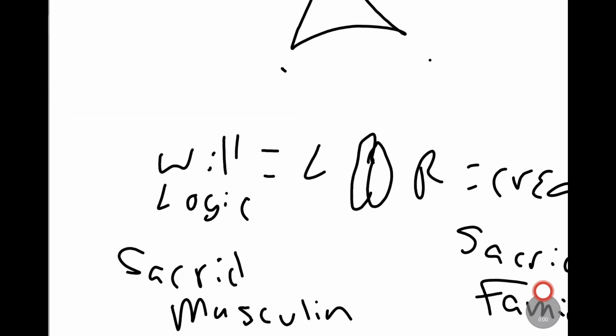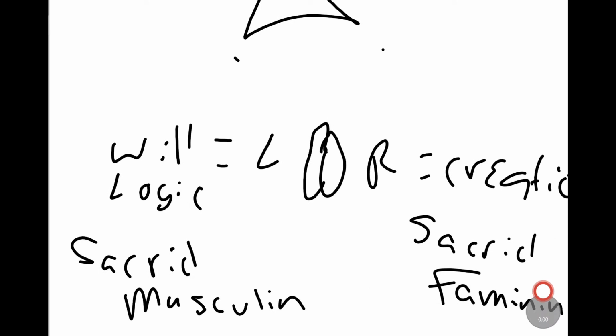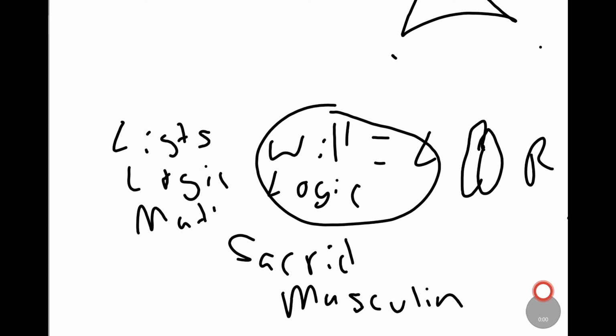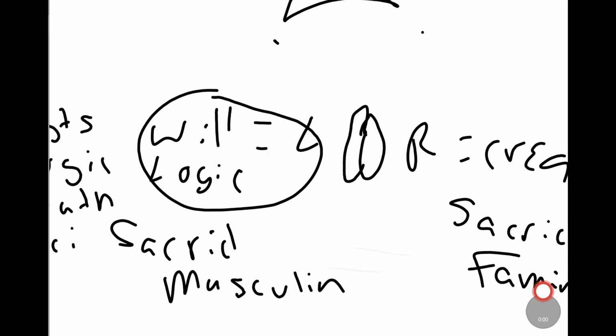Now, this is what's important to keep in mind. The left brain, masculine side, is symbolically represented as things that are linear in thought. Things like lists, logic, math, science, that sort of thing.